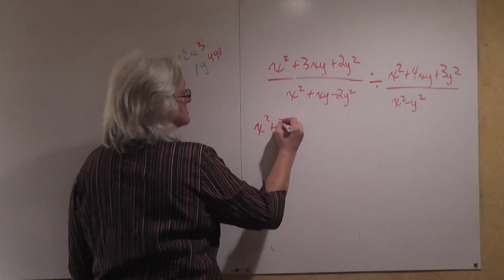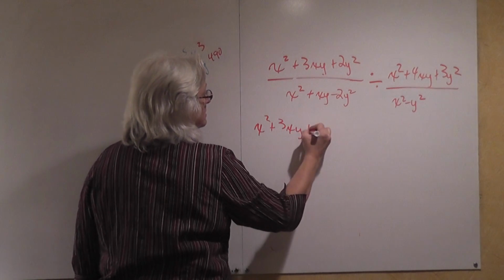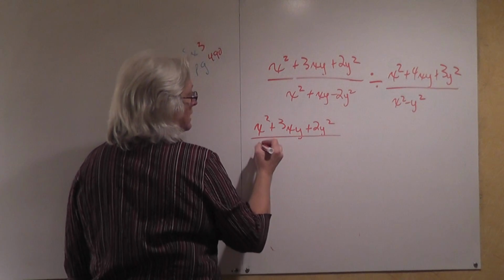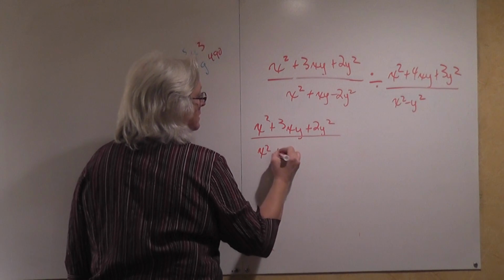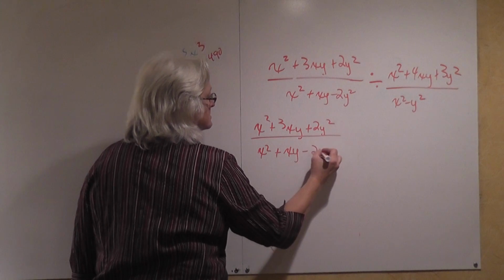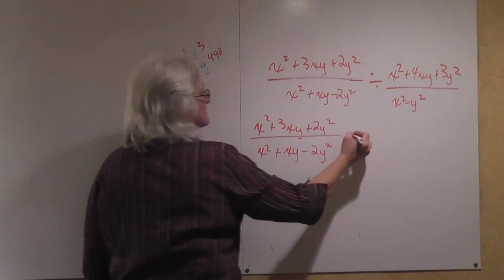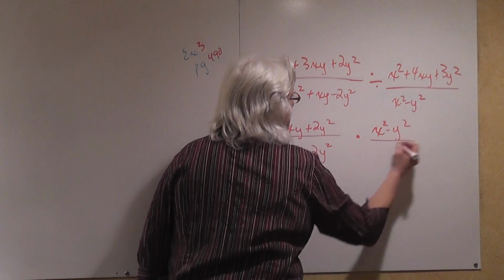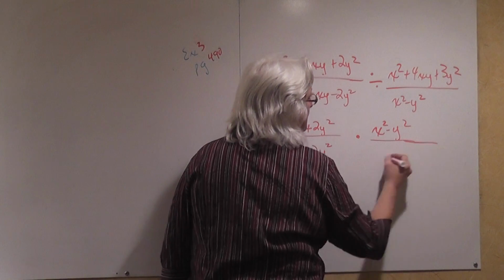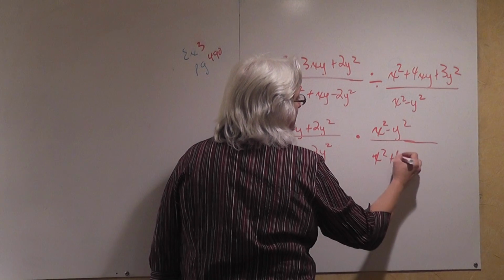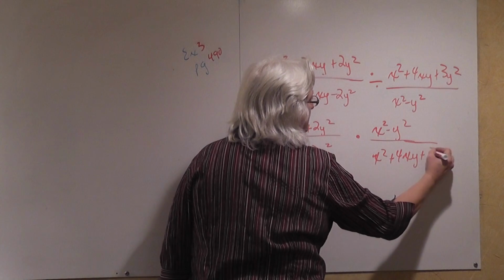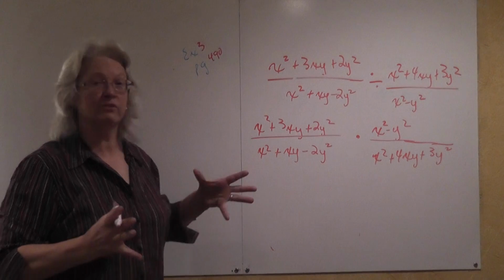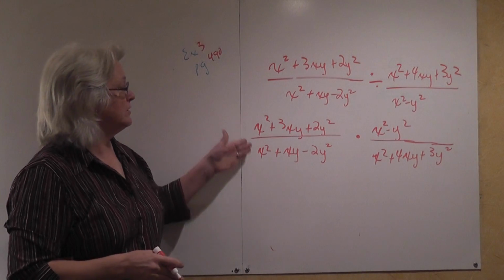X squared plus 3xy plus 2y squared divided by x squared plus xy minus 2y squared times x squared minus y squared divided by x squared plus 4xy plus 3y squared. Now we have to go through and factor all of these polynomials.